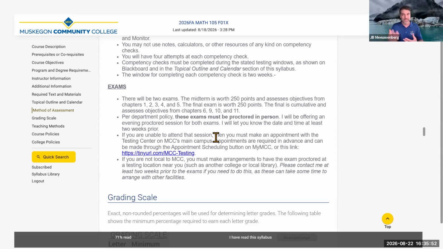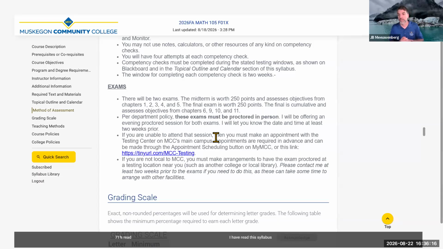If you do not live near Muskegon, I would say about a 20-mile radius, 30 miles maybe, then you'll have to find another location. And I'm going to put that on you a little bit. Generally, you can do that at a local library, or another college that might be near you.